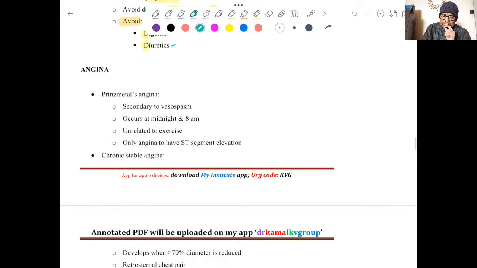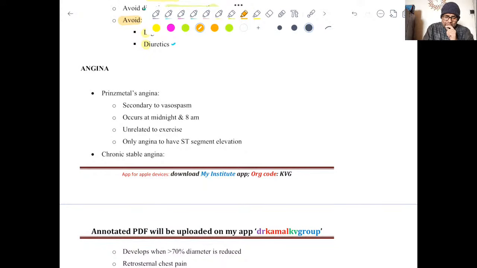Now moving forward to angina, there one variety is Prinzmetal angina, which is also known as variant angina, because whenever we discuss angina we always think that there might be some coronary artery occlusion, and then the features of angina will come.